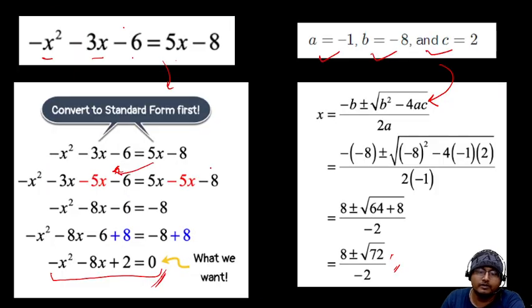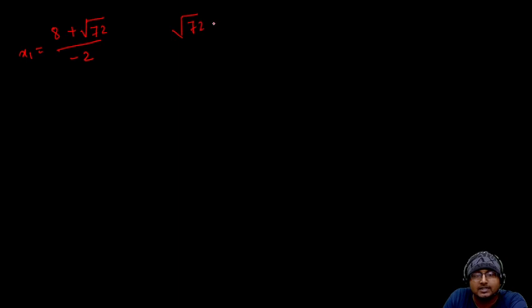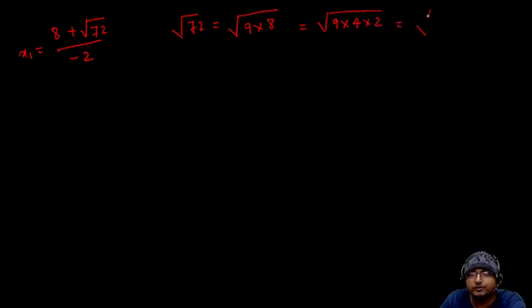So what we will do: root 72, what is 72? 72 can be written as 9 into 8, and 8 can be written as 4 into 2, so 9 into 4 into 2. 9 can be written as 3 square, and 4 can be written as 2 square, into 2.